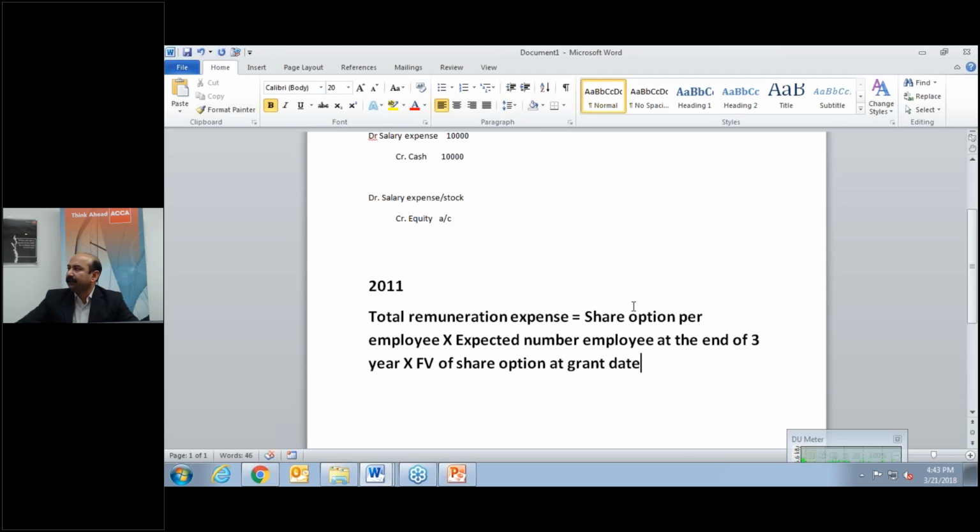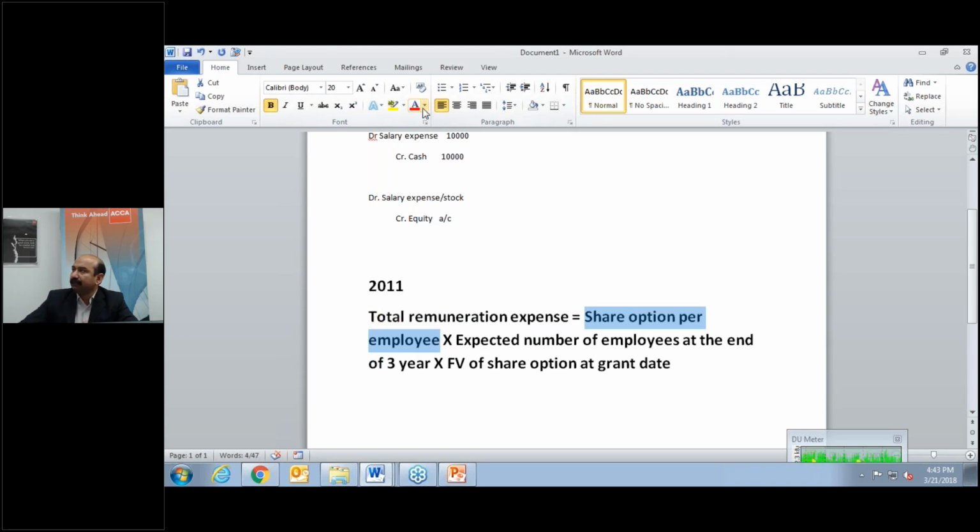So there are in fact 3 elements: share option per employee, then the expected number of employees who will remain there and are expected to be entitled to receive these share options. If we look at this formula in the context of the equity settled share based payment, I am assuming that subsequently there is no modification, there is no cancellation.